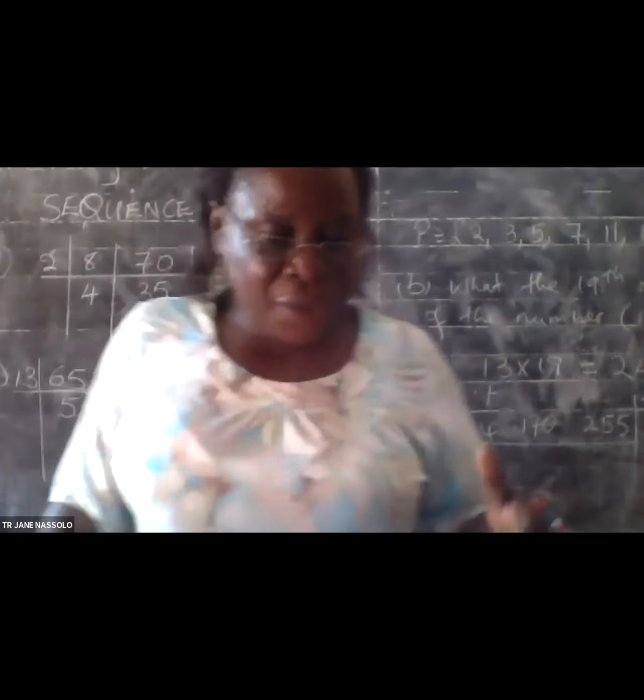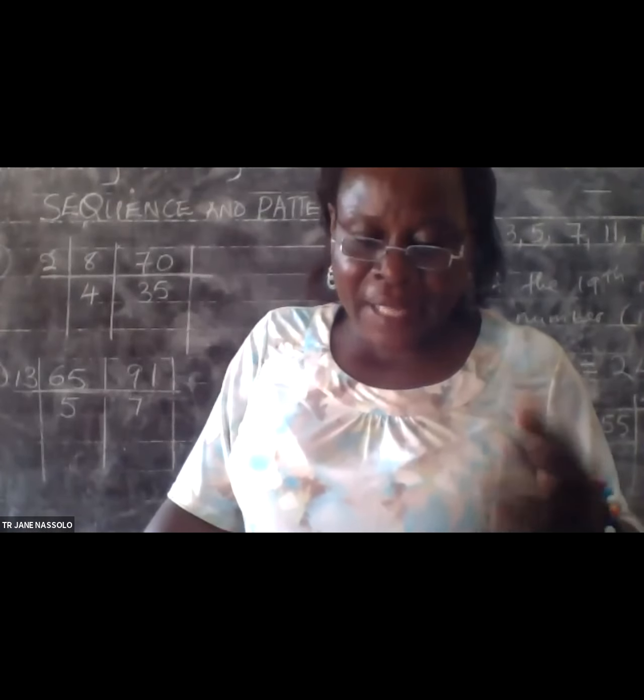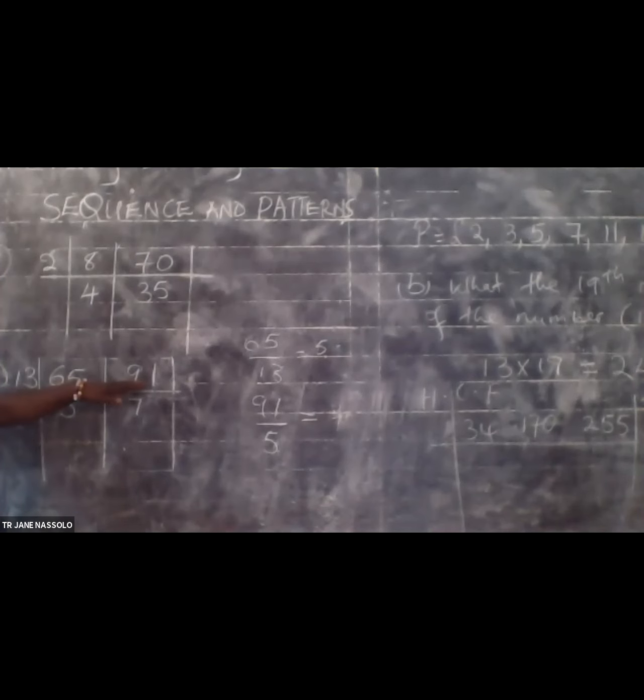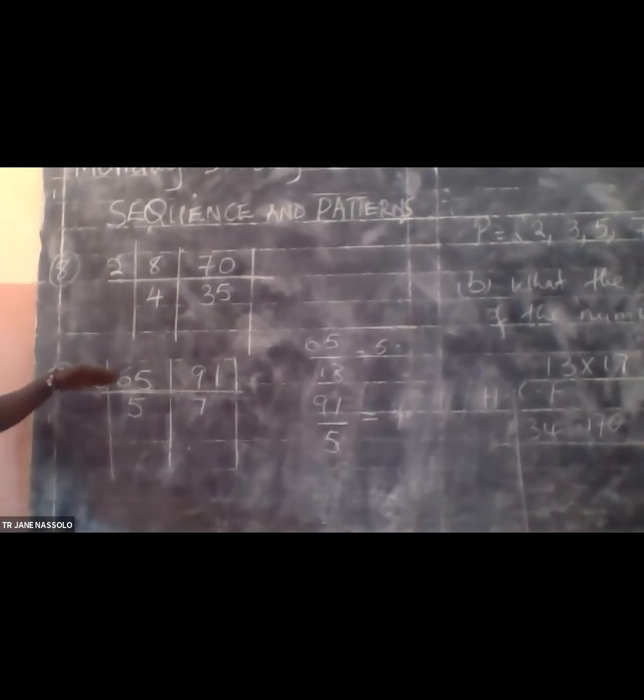For number 9, you have two multiples of a number that have been shaded. The numbers that were shaded were 65 and 91. So we wanted to find a number that is a factor. If these are multiples of a number, then the number will be a factor of these two numbers.